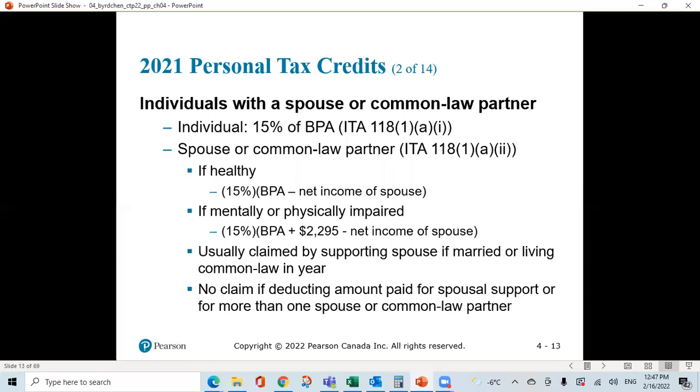And for a spouse, under the Income Tax Act 118(1)(a), if the person is healthy, just simply use 15% times the BPA, deduct the net income of the spouse. If the person is infirm, so mentally or physically impaired, we'll use 15% times the BPA plus $2,295.